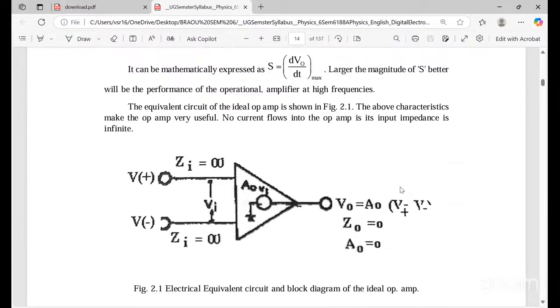If no current flows into the op amp, the input impedance is infinite. The equivalent circuit of an ideal amp is shown in the diagram below, and the above characteristics are very useful for the op amp.